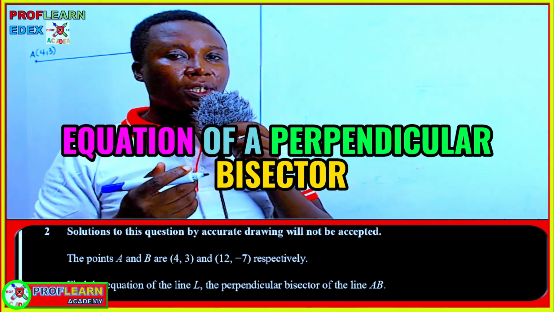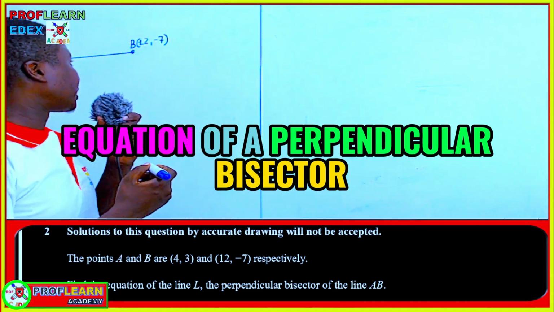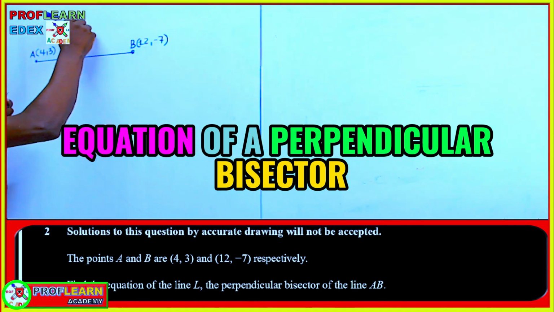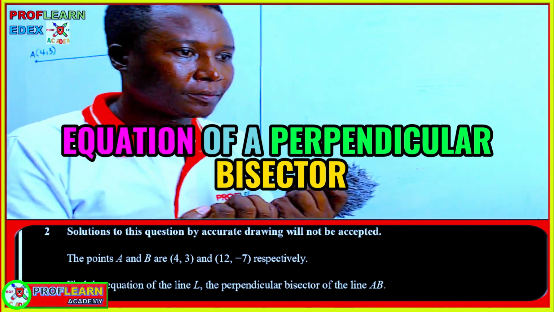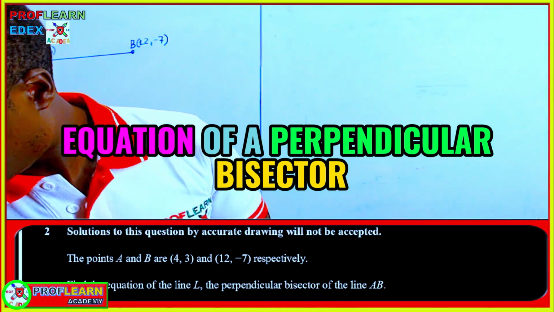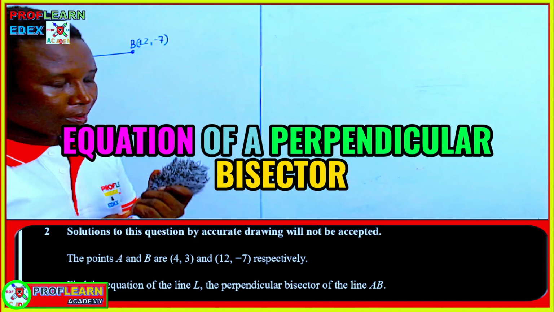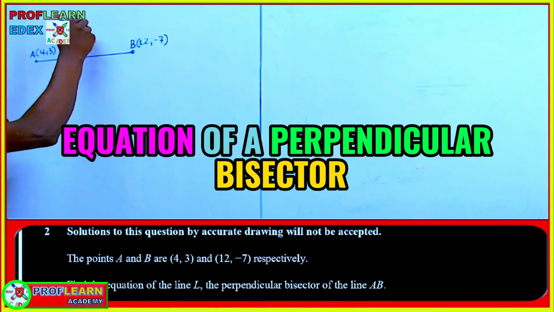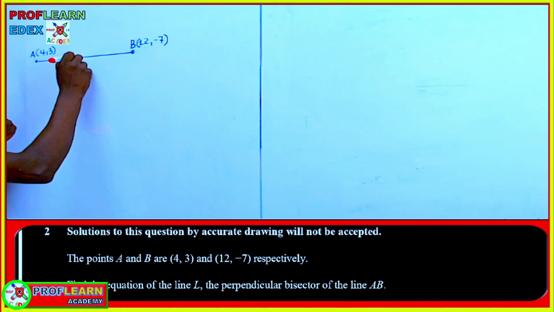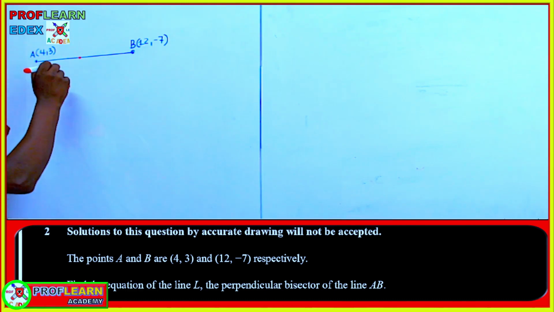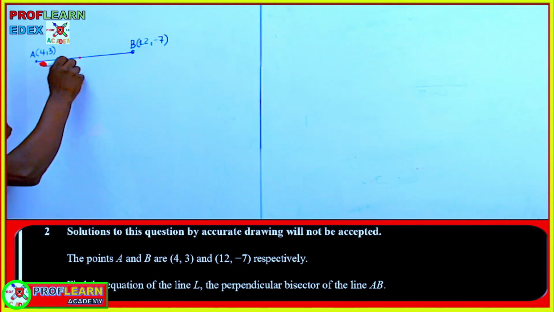In order to work out this question, you are going to start by identifying that this line is a perpendicular bisector. A perpendicular bisector is a line that subdivides this line into two halves, meaning that this line is going to pass through the midpoint.